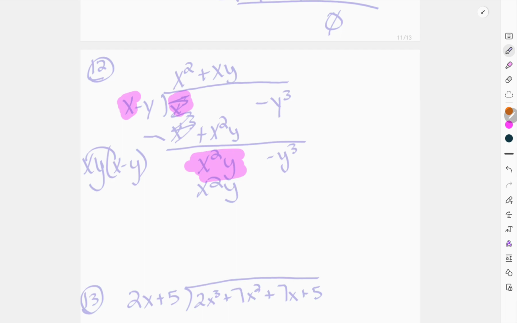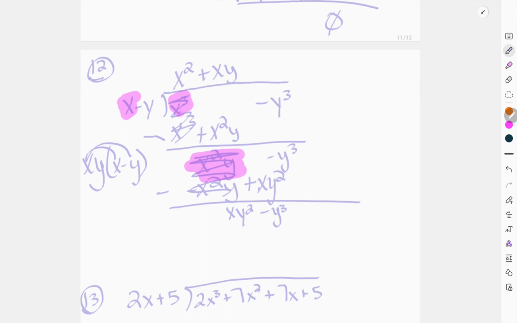And then xy times negative y is going to give me negative x y squared. Okay, so I'm going to subtract. When I do, it changes my signs. Those are going to cancel, leaving me with this positive x y squared.